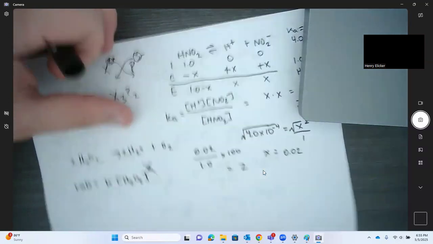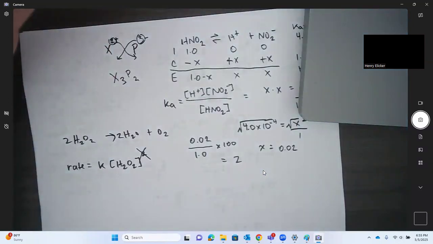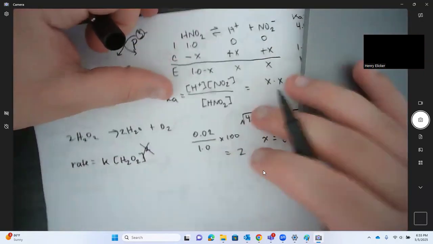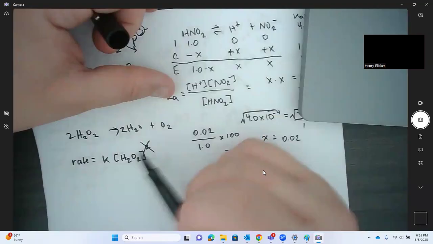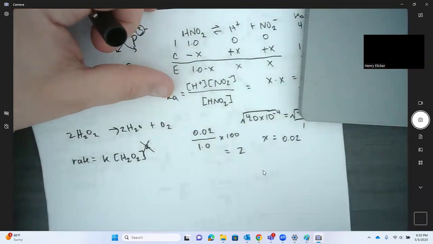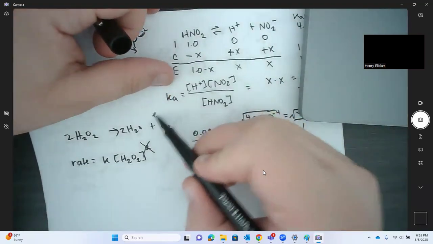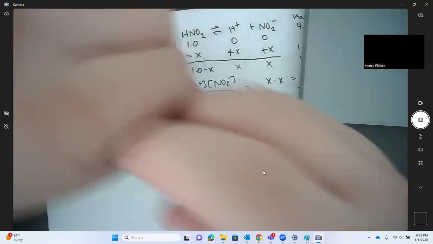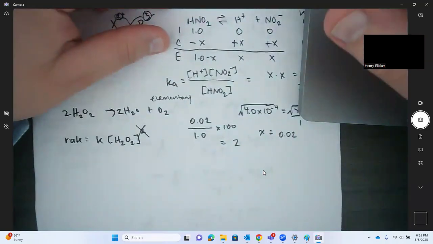That's not the case. You have to analyze kinetic data to do that, with the table and the experiments. So the only way you can say this is 2 goes there is if it is an elementary step. Okay, elementary means it's the most simple mechanistic explanation.